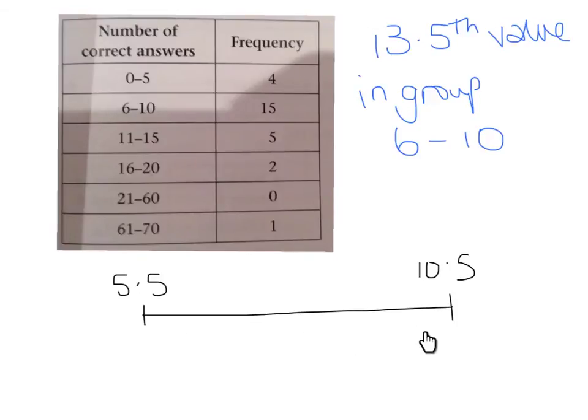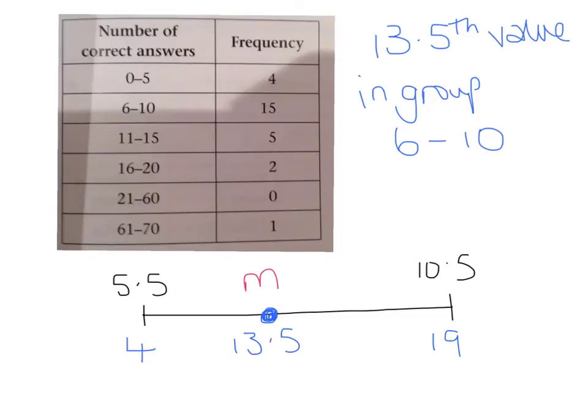Up to 5.5 I had 4, and up to 10.5 it was 19. And there's some point in here, let's call it M for the median, and the cumulative frequency up to that point is 13.5.